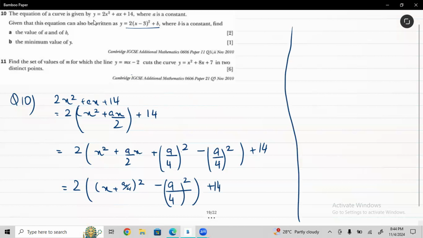Solving this further, we get 2 times x plus a upon 4 whole squared, minus a squared upon 16 multiplied by 2, and we add 14 to it.